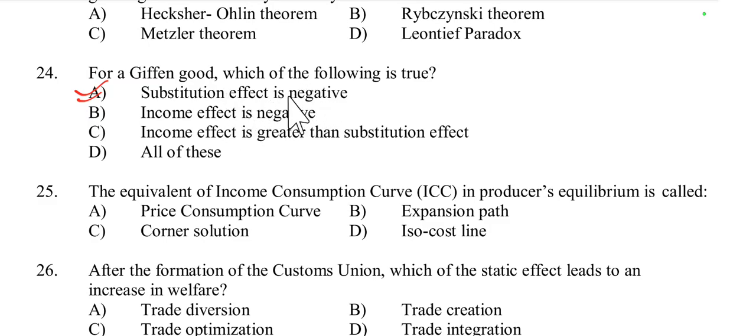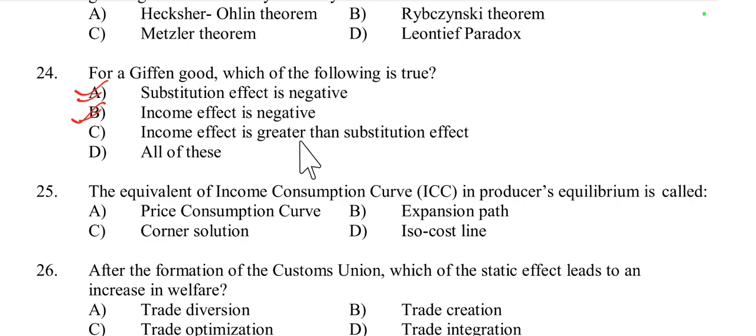Then the income effect is also negative in the case of the given good, because a rise in the price of a given good effectively reduces the real income of the consumer, who ends up buying more of the inferior good due to their reduced purchasing power. When their purchasing power reduces, they buy more of the inferior good. So the income effect is negative here.